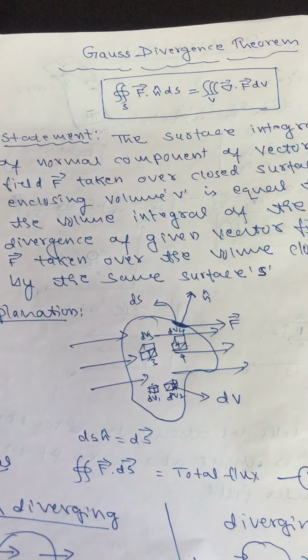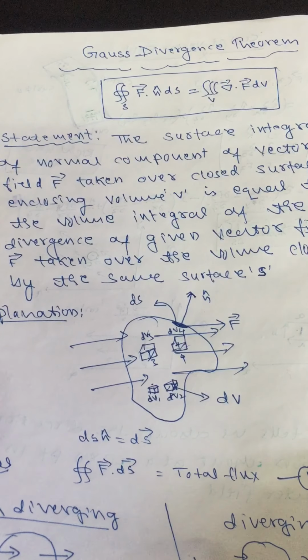Now in statement wise, how to write the statement? Before writing the statement, one must understand what is the surface integral of the vector field, that is F dot dS, then the volume integral of divergence of the vector field multiplied by the volume. So we just focus on the left side, the surface integral F dot n cap dS.